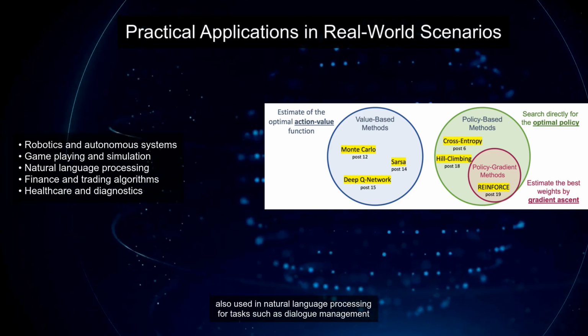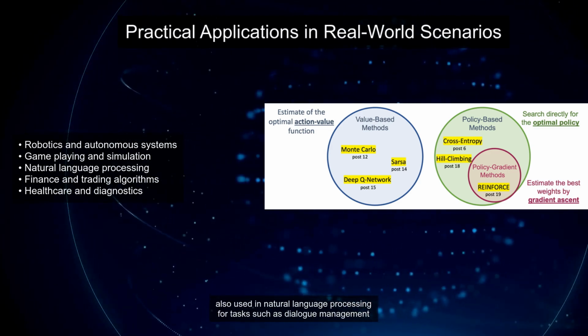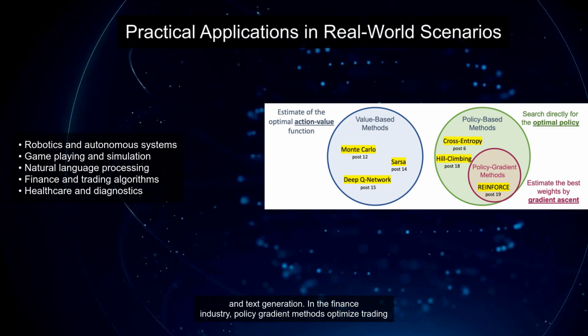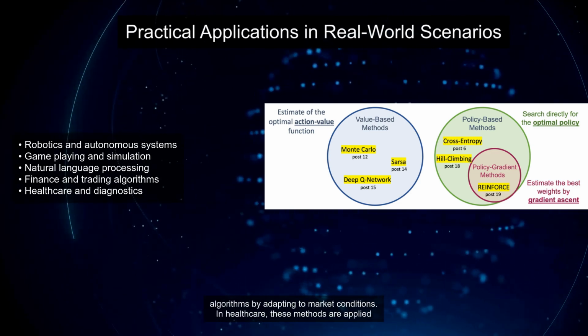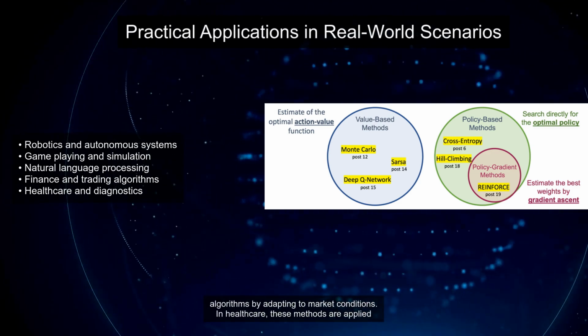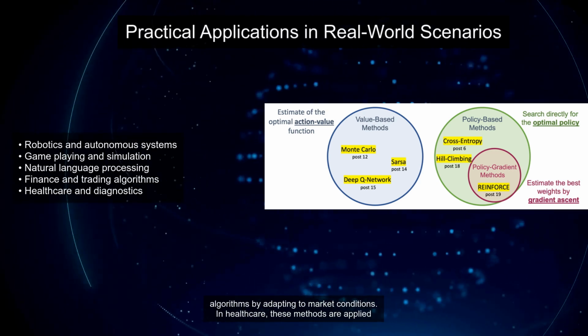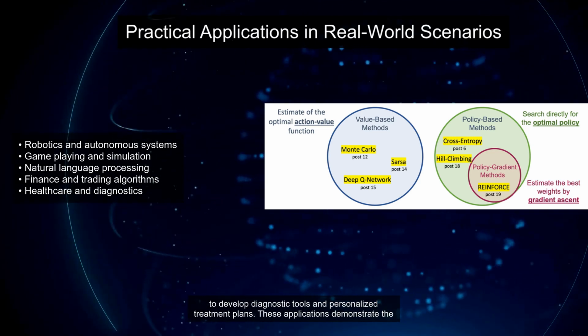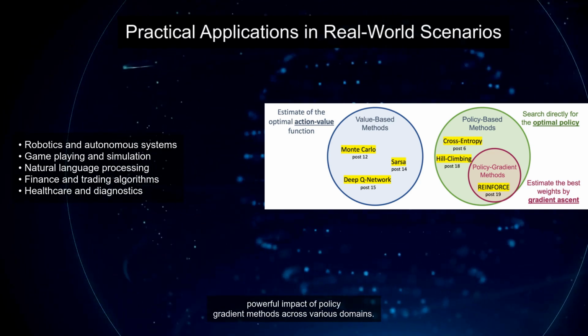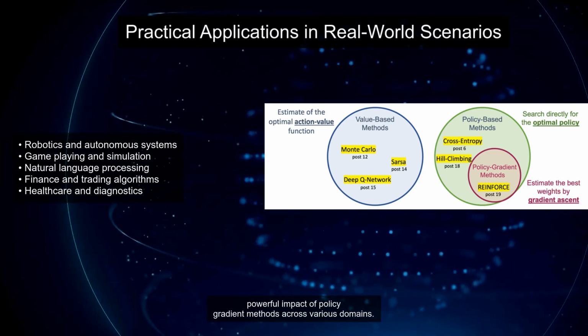They are also used in natural language processing for tasks such as dialogue management and text generation. In the finance industry, policy gradient methods optimize trading algorithms by adapting to market conditions. In healthcare, these methods are applied to develop diagnostic tools and personalized treatment plans. These applications demonstrate the powerful impact of policy gradient methods across various domains.